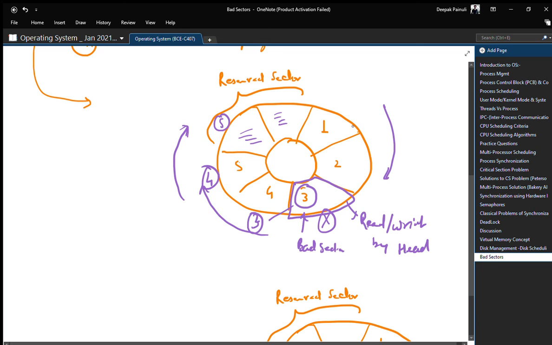So let us understand: sector number 1 is not a bad sector, it will not change. Sector number 2 will not change.